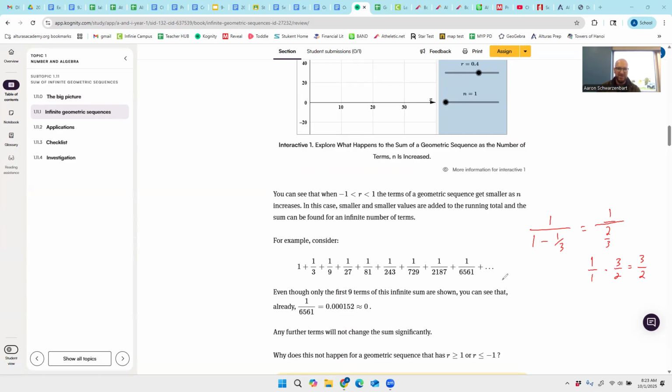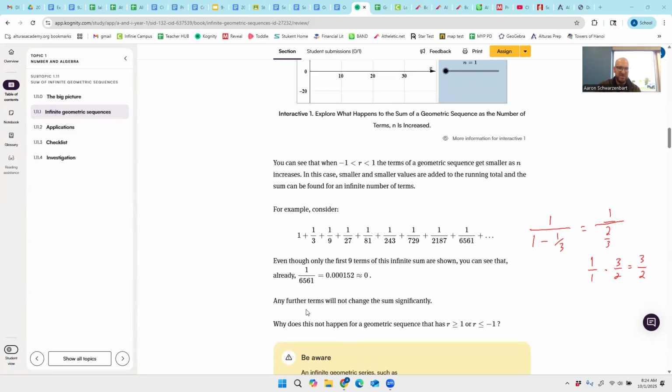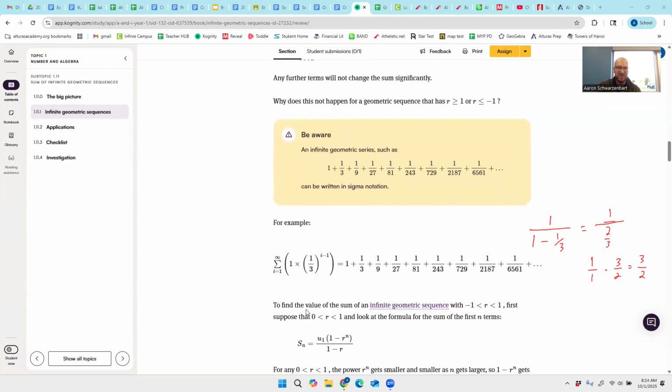So if I add all of these up forever, I will be getting closer and closer to 1.5. It's a really easy formula. I'm multiplying each one by 1/3, so that's r. This only works between 1 and -1 because those are ones that are getting smaller and smaller and smaller.